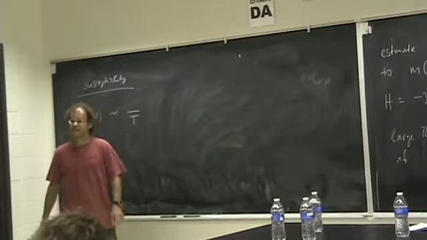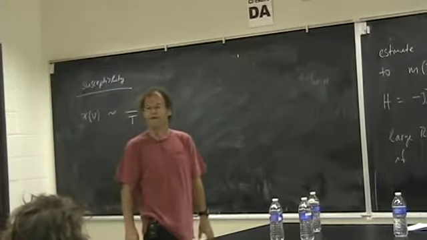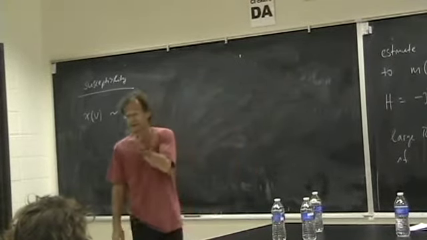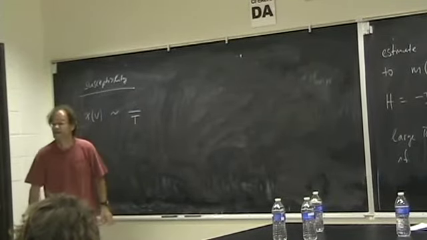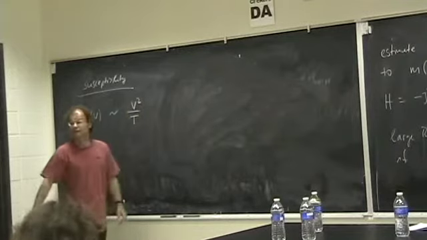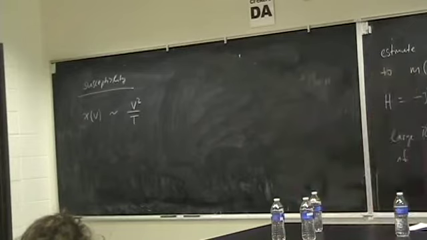I need to bring in the size, right? Clearly the value will depend on the size. V squared, right? Because as you undoubtedly remember from your StatMech class, it's moment squared over T, right? And the moment is proportional to V, so it's V squared over T, right? And then we do the same type of integral, right?